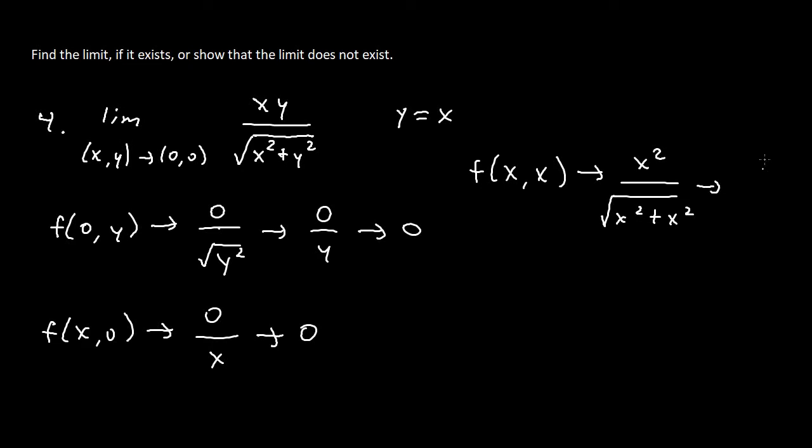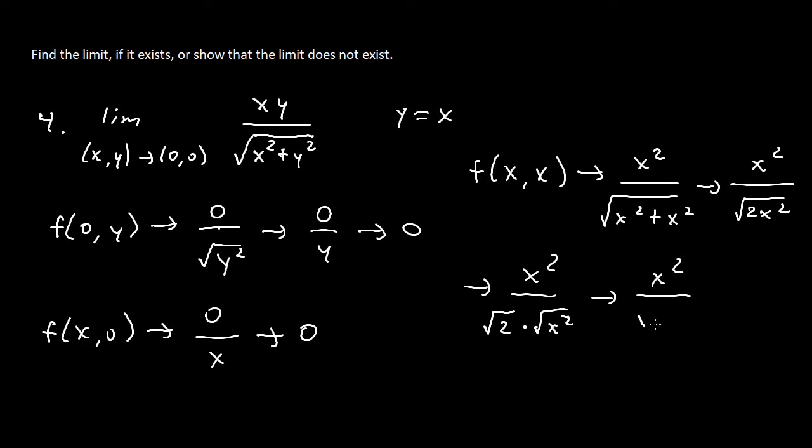So we'll get x squared over the square root of 2x squared. I can simplify the denominator by saying the square root of 2x squared can be rewritten as the square root of 2 times the square root of x squared. The square root of x squared is obviously x. So we'll get x squared over x times the square root of 2. One of the x's will cancel, so we'll get x over the square root of 2.